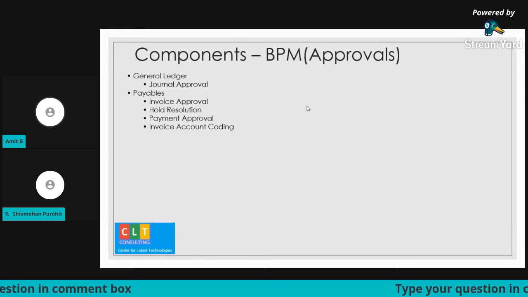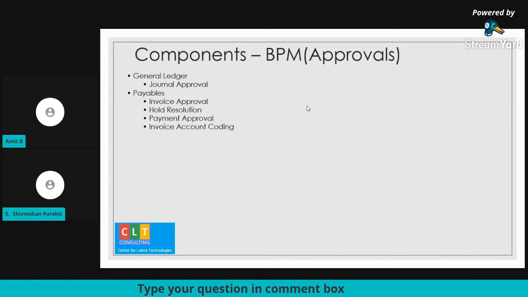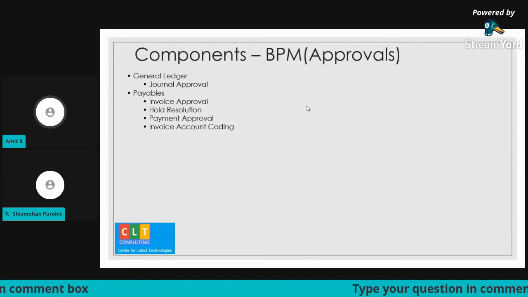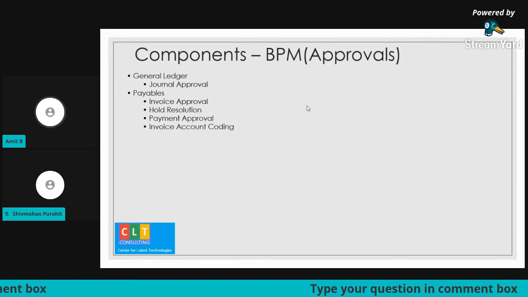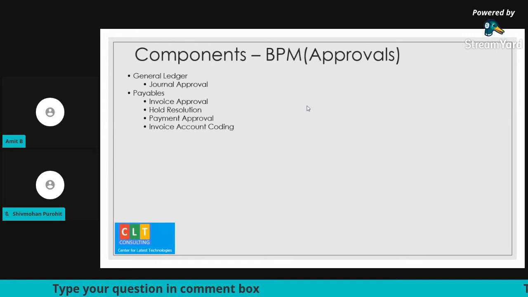Then we have payment approval as well. It was not there earlier. If you are creating any invoice and you want a certain team or authority to go for payment approval, then you can set it up in BPM Cloud.